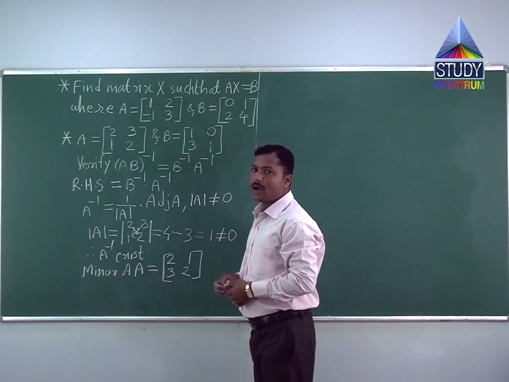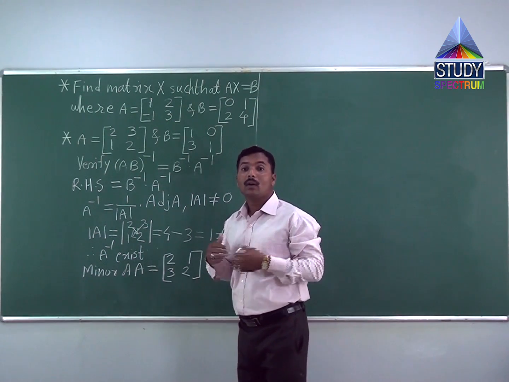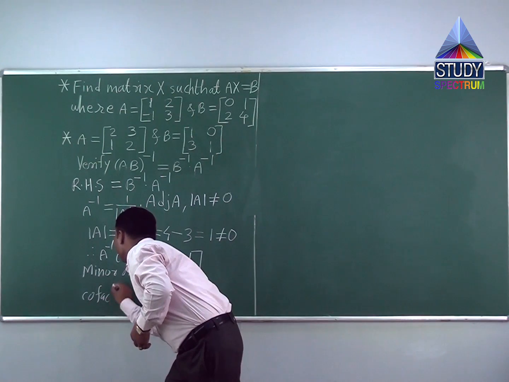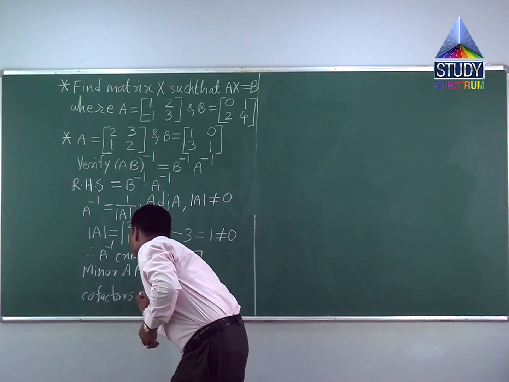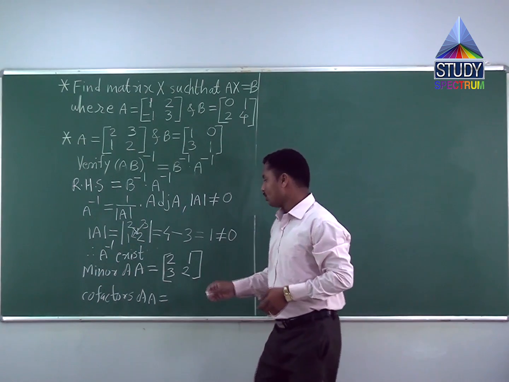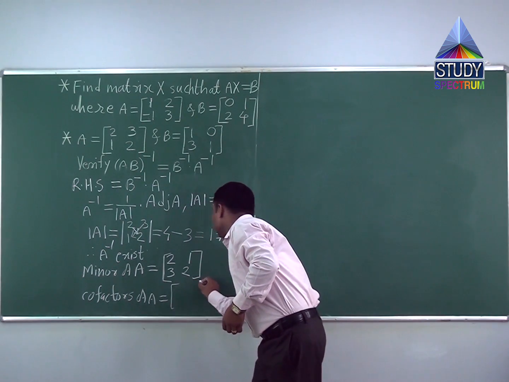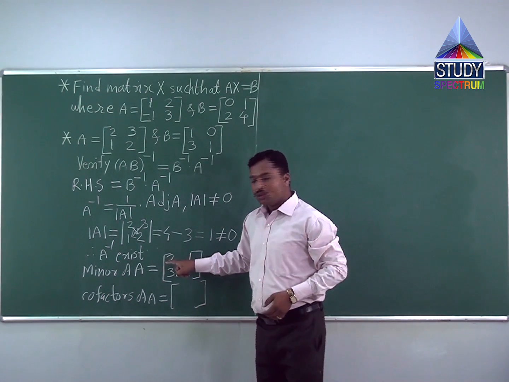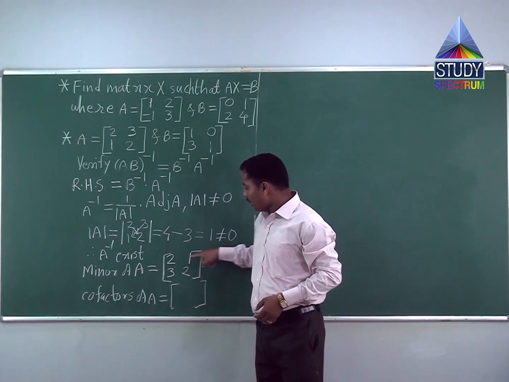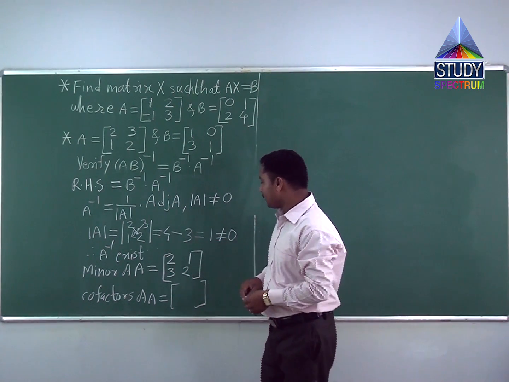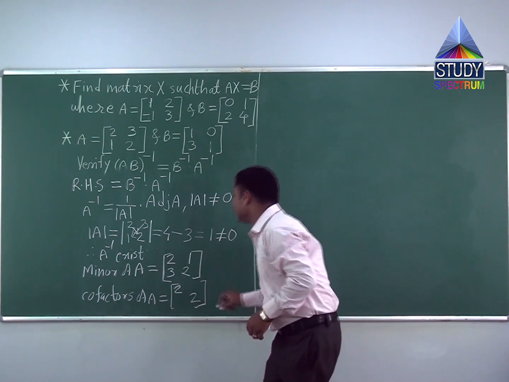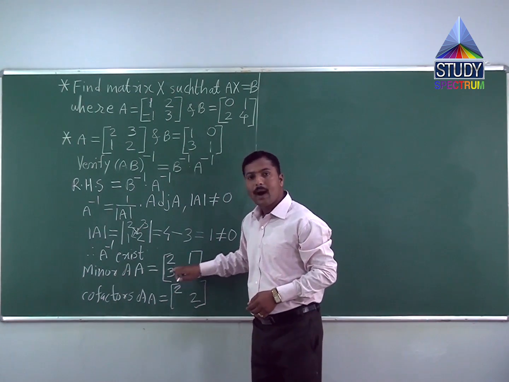By using this minor of matrix A, we find the cofactors of A. What is the cofactors of A? Use the same idea: no change in the diagonal numbers, only change in the non-diagonal numbers by sign. These two are as it is, only the 1 and 3 change by sign.